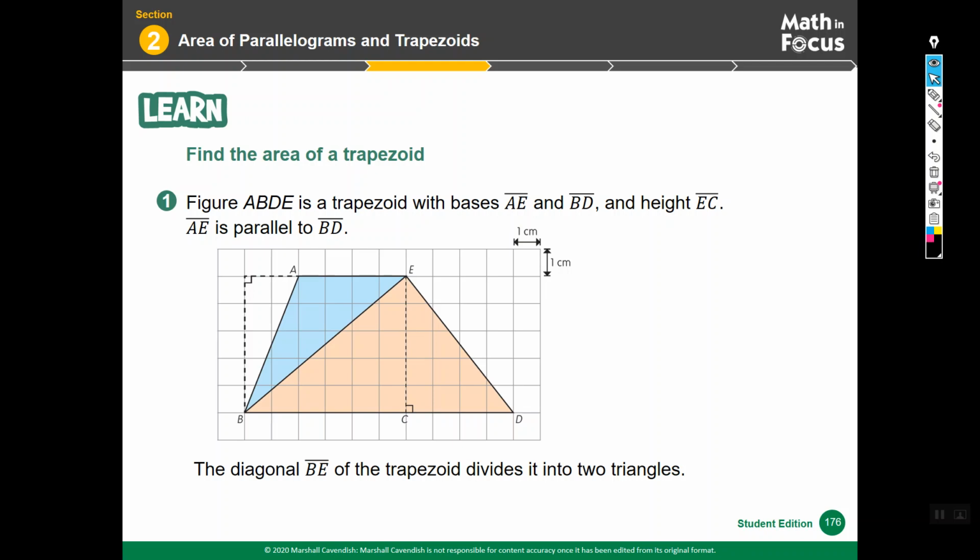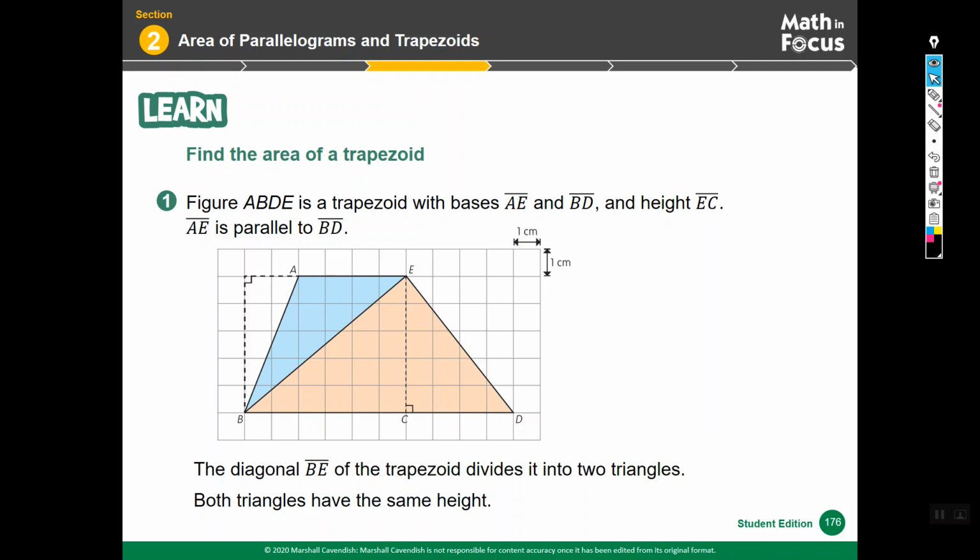The diagonal BE of the trapezoid divides this into two triangles. So you see the blue one and then the pink larger one. On the next page it calls it orange. That's weird, right? Maybe I'm colorblind, I don't know.